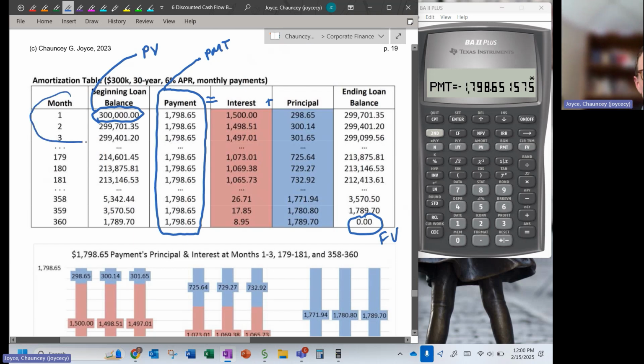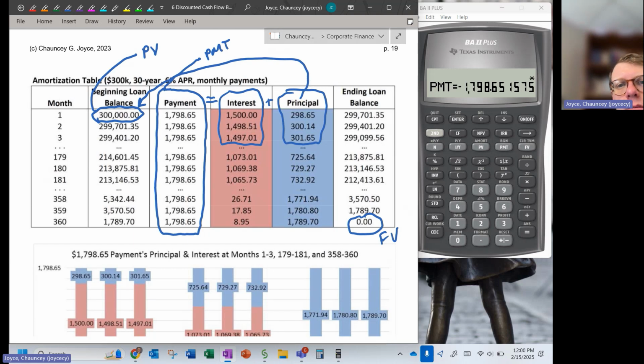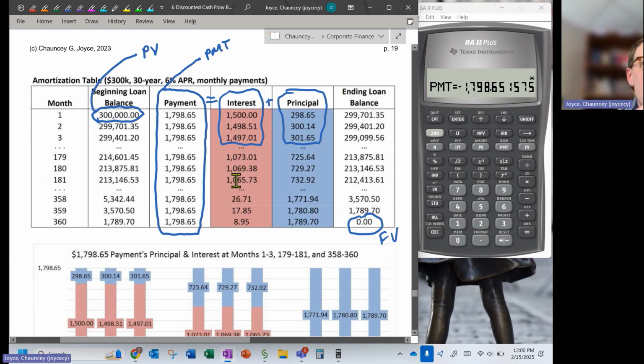Early on in a mortgage, month 1, 2, 3, for example, most of that payment goes towards interest and very little goes towards principal. Principal refers to how much you owe still. So very little of that initial payment will go towards principal. And how do we get that interest? Well, you took out a loan for 300,000 and then it accrued interest for a month.